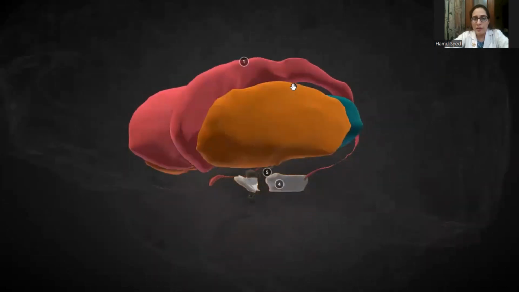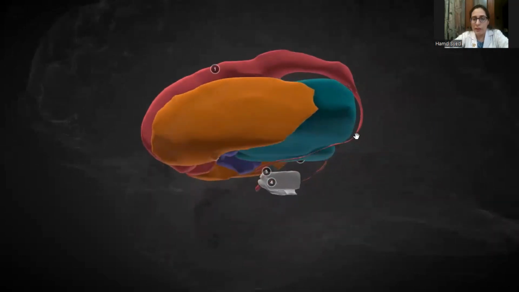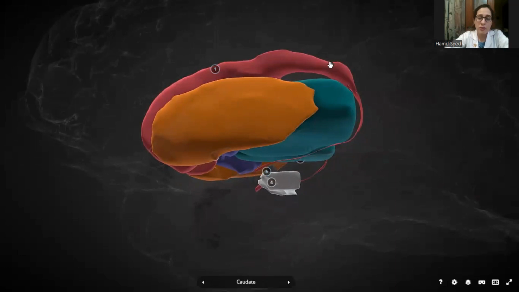And this tail, then you can see it moves behind the rest of the nuclei, and then it continues as this portion which ends into the amygdaloid nuclear complex just rostral to the tip of the inferior horn of the lateral ventricle. So this here is a C-shaped caudate nucleus, and we know that this is the arched mass of gray matter, and it follows the body of the lateral ventricle.